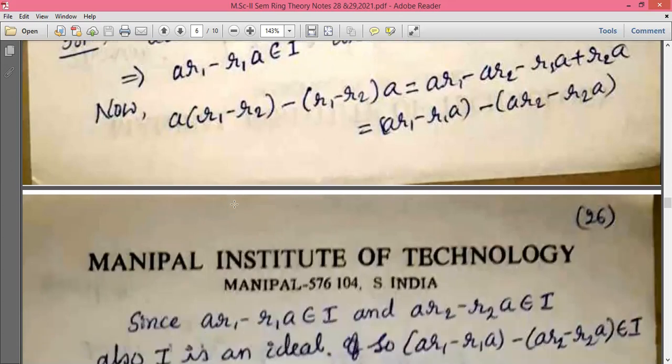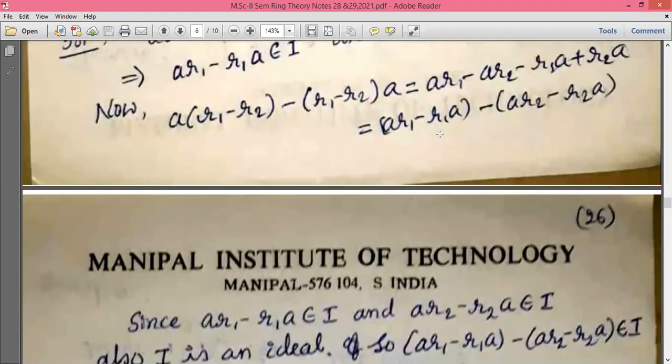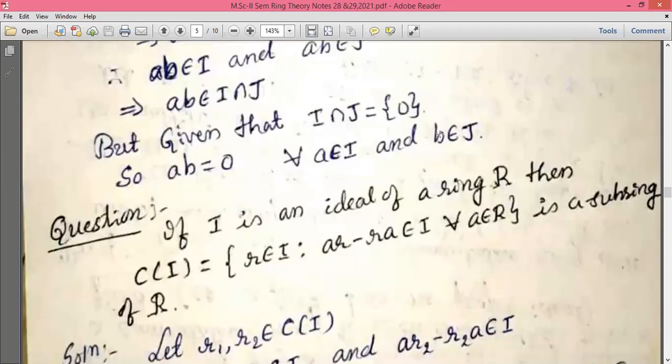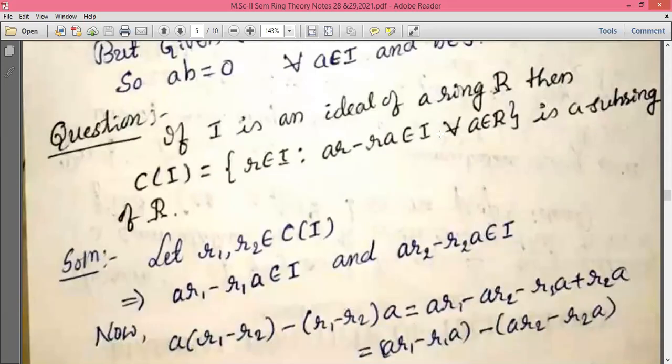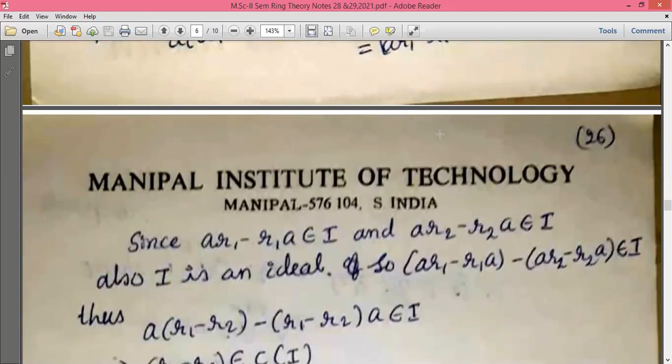A into R1 minus R2, minus R1 minus R2 into A, because we have defined C(I) like this, and then we can club the terms like this.